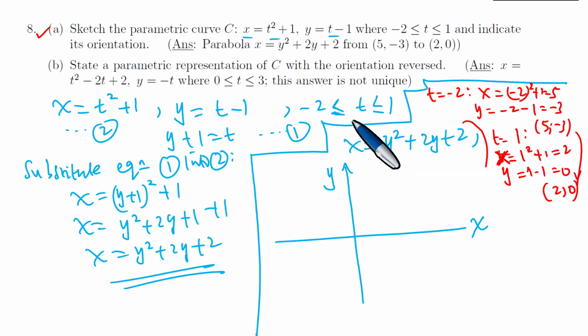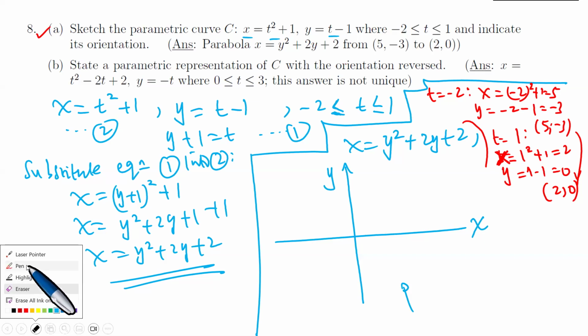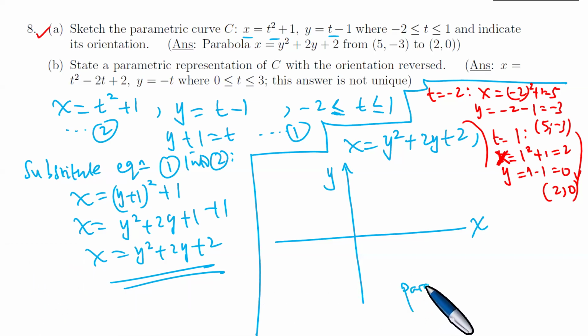Okay, so whenever t is minus 2, you have those. Let's sketch. So what kind of a graph is this? This is a parabola. The parabola x equals y squared plus 2y plus 2.